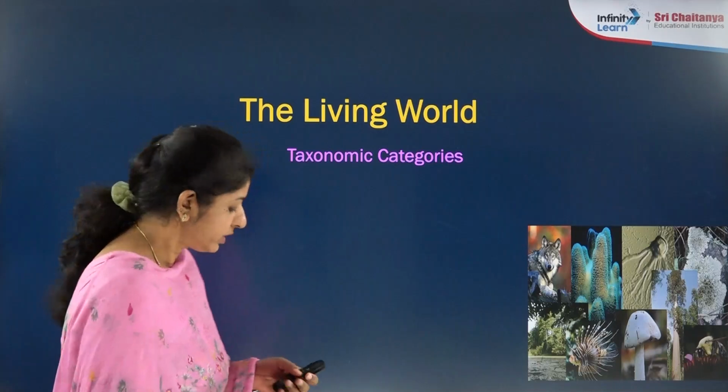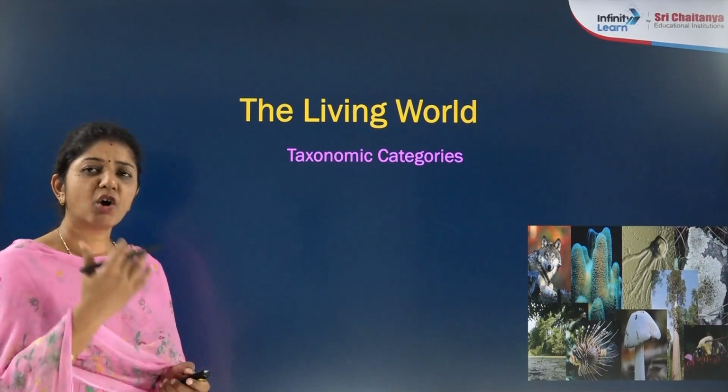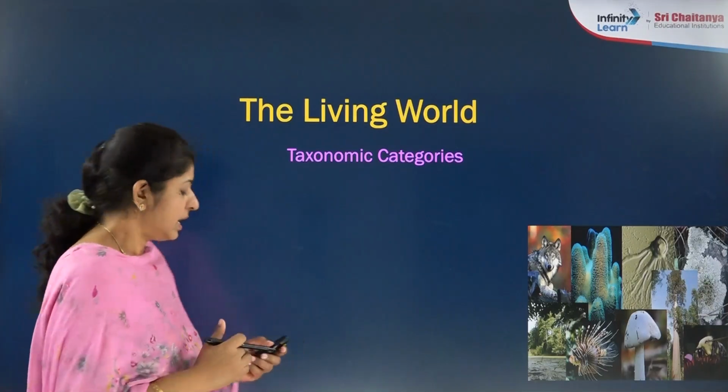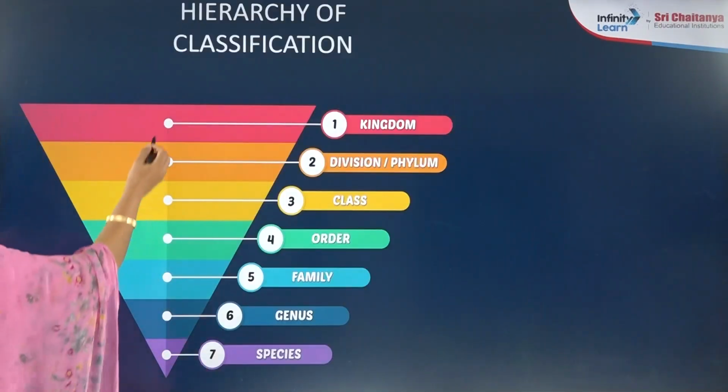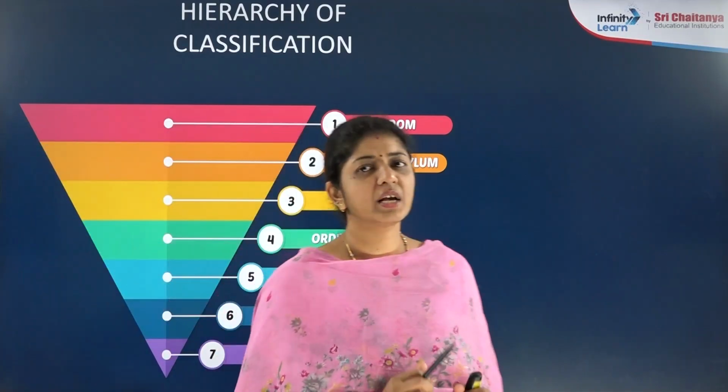Now, with that introduction, let's see how many taxonomic categories there are and how we arrange them into various steps. This is the way we give the various categories for classification.